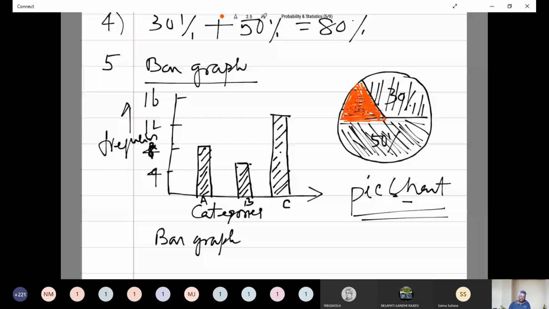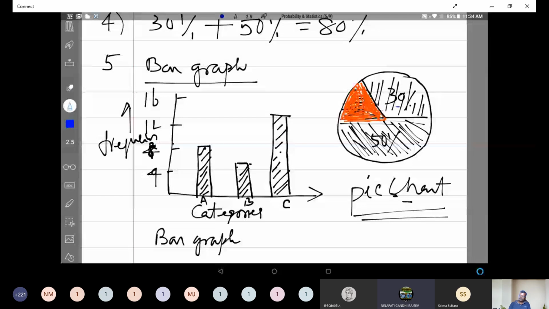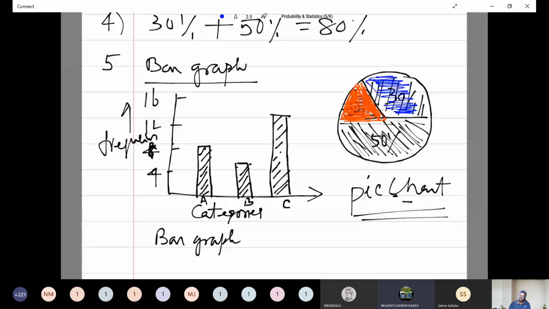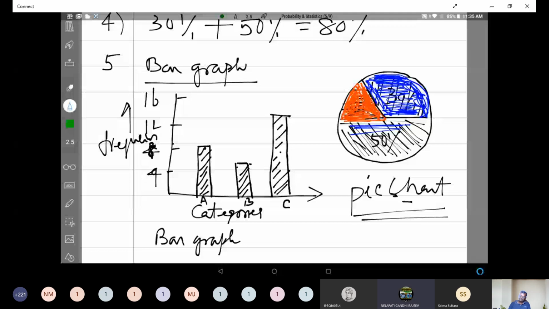And one more color I have is green. Another one I have to take in a different color, or the same color. But then it is easily visible.